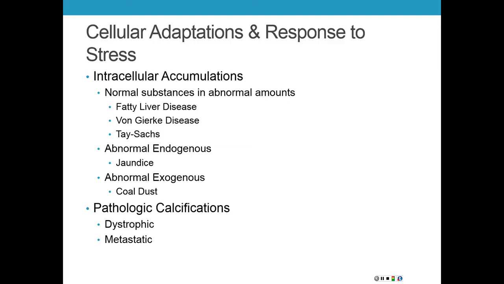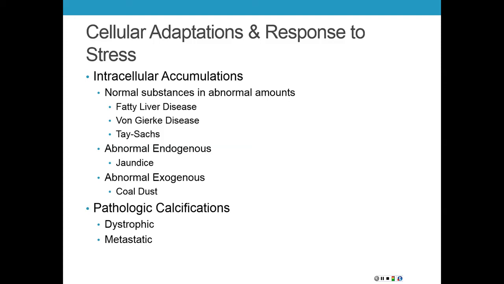And then you have metastatic calcifications. In metastatic calcifications, you have hypercalcemia, and it might even be high levels of phosphate, and it deposits calcium and phosphorus in blood vessels, in lung tissue, and particularly in the tubules of the nephrons. So in this case, we are looking more at a condition that is cellular injury that leads to cell death.